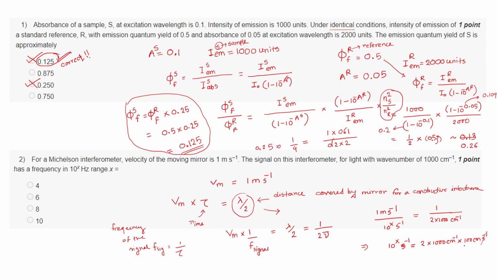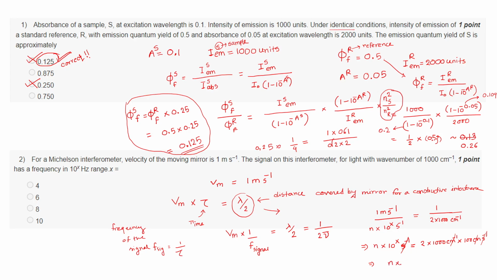So second inverse gone, centimeter gone. So it is on the order of some frequency, so it could be n into 10 to the power x or something like that, where n can be 2, right?